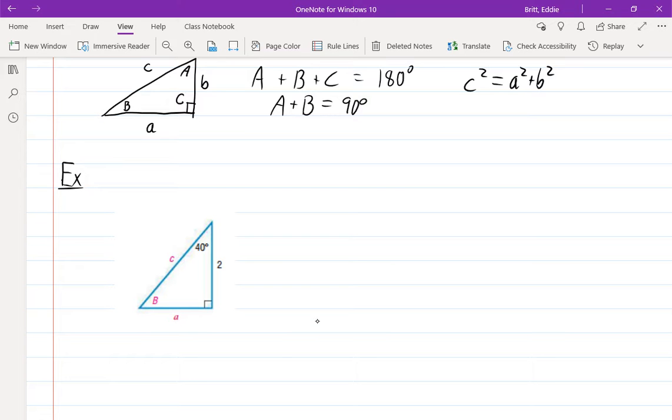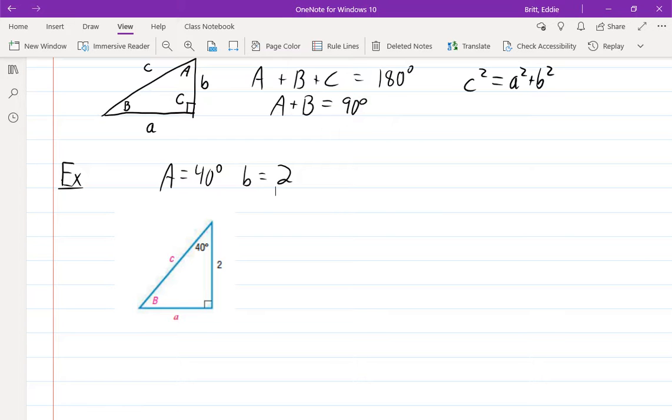I would just be told that I had a right triangle and angle A is equal to 40 degrees and side B is equal to 2. And then of course we know angle C is equal to 90 degrees if we need to use it.